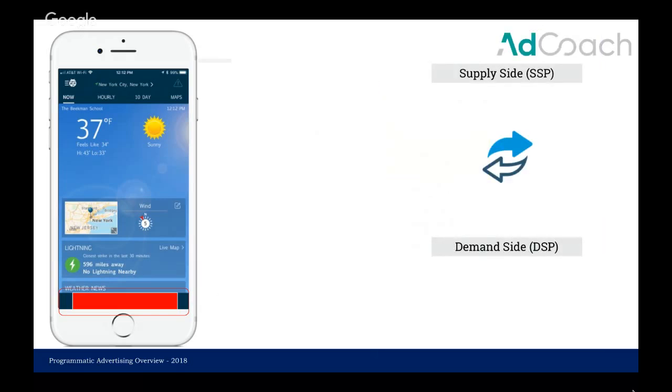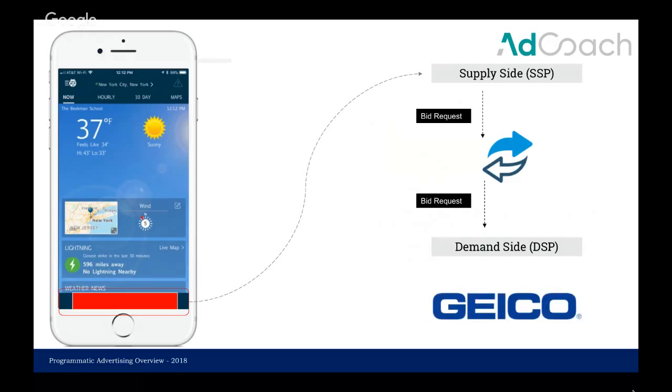So this transaction would look something like this. All that data is sent to the SSP. The SSP passes that bid request to the exchange. That bid request is subsequently sent to the DSP, and the DSP will identify an advertiser.